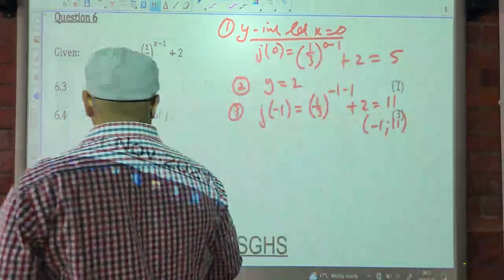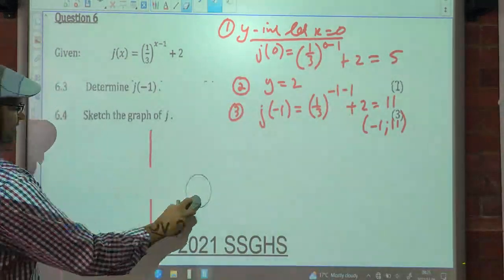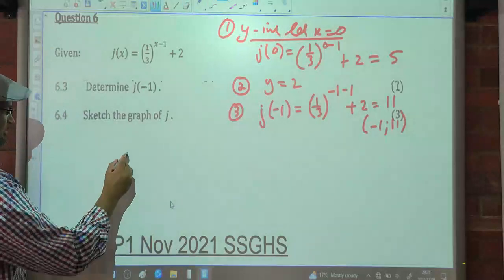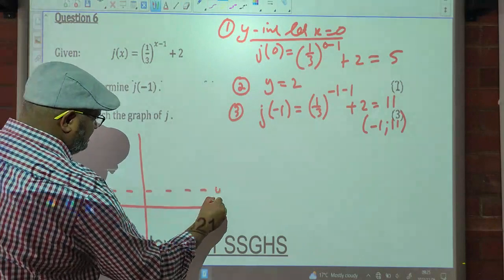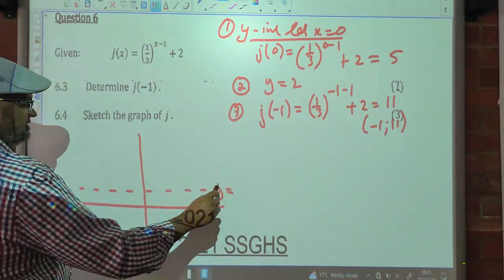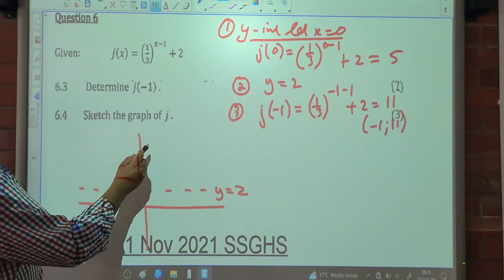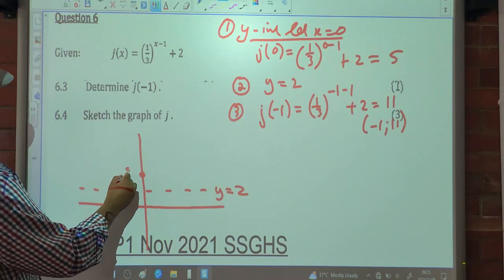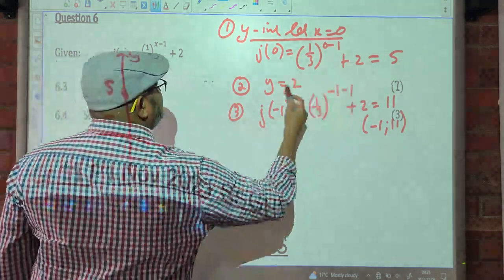It's now number 4. The graph is above the x-axis. Drawing our asymptote first: y is equal to 2. It is going to cut your y-intercept at 5, is that correct? This is the calculation here, your y-intercept.